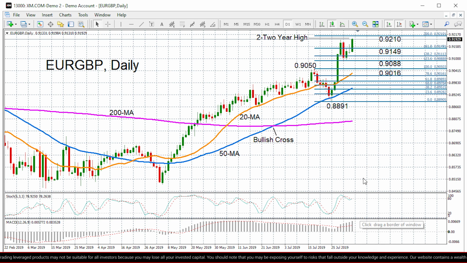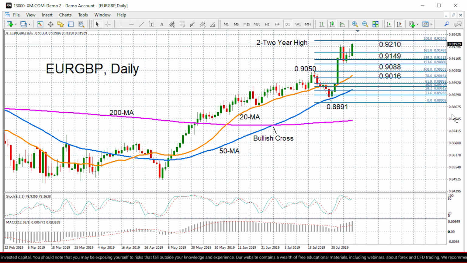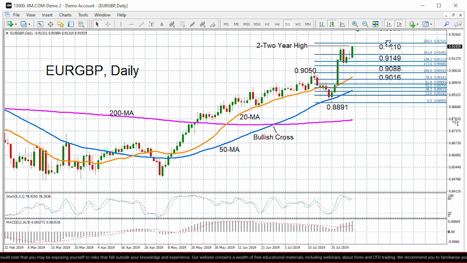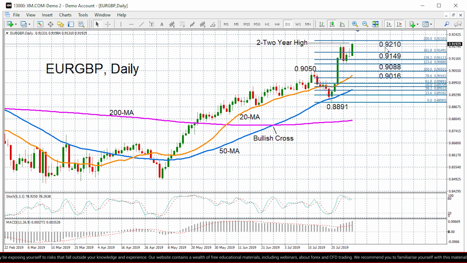So despite looking somewhat overbought, there's still plenty of scope to extend that bullish run, and then we could see euro pound being able to challenge a 0.92 handle that's slightly below the 200% Fibonacci extension of the down leg from 0.9050 to 0.8891. So that level comes at 0.9210.